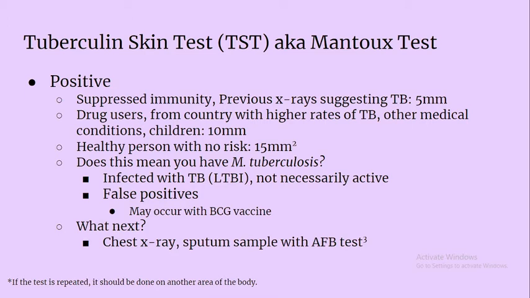So you could be infected with it, and you could have latent TBI. And there are also false positives, which may occur because of the BCG vaccine. And so after this, usually x-rays might be taken, sputum samples might be taken, and an AFB test given.